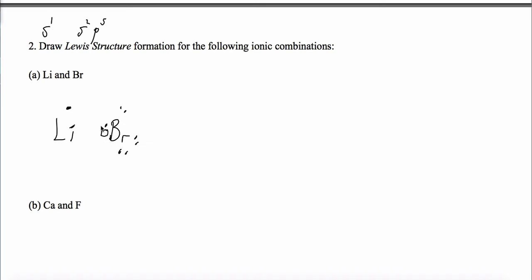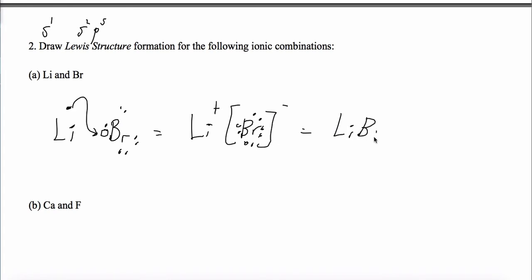It's got that 1 slot there. This is the low ionization energy side. This is the high ionization energy side. So it's going to pull on that electron. Remember, actually, we're going to say high electronegativity. So what's going to happen is Li here is going to lose 1 electron. It's going to be +1. Br is going to own all of these electrons. Be -1, and the formula is going to be LiBr.